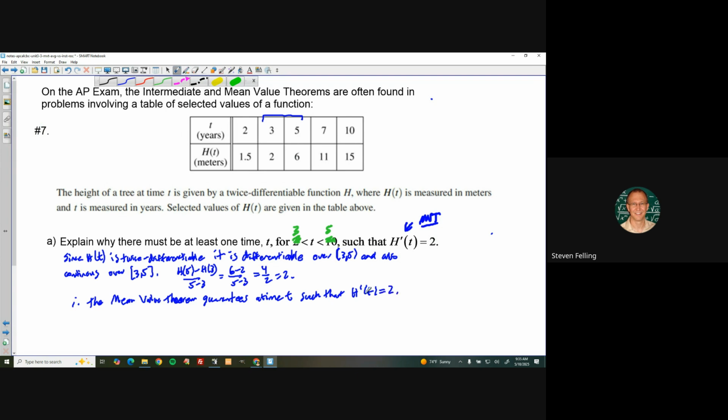So in order to answer this question, we just have to be able to show that the average rate of change matches 2 and that this matches the conditions to invoke the mean value theorem.